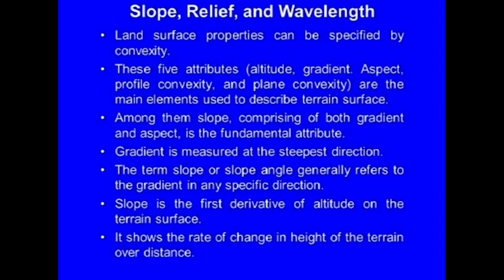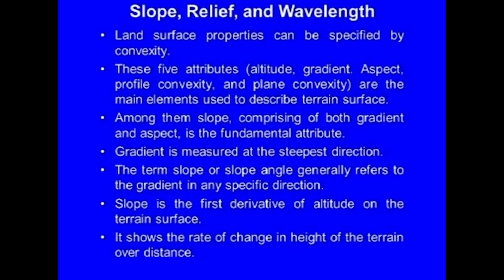Land surface properties can be specified by convexity. These 5 attributes, that is altitude, gradient, aspect, profile convexity and plan convexity, are the main elements used to describe the terrain surface. Amongst them, slope, comprising both gradient and aspect, is the fundamental attribute.